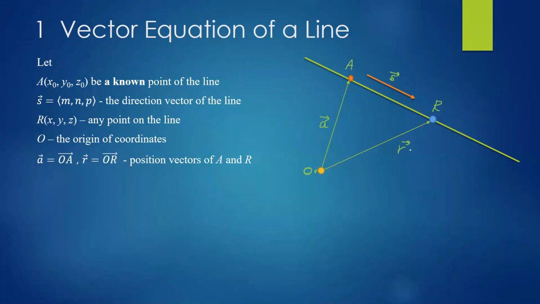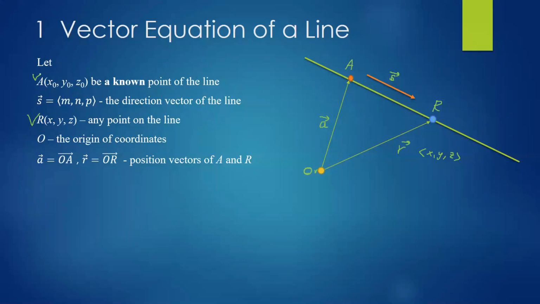We have to remember that the vector r has coordinates x, y, z, and these will be the coordinates of the point on the line, the same coordinates as the point R.